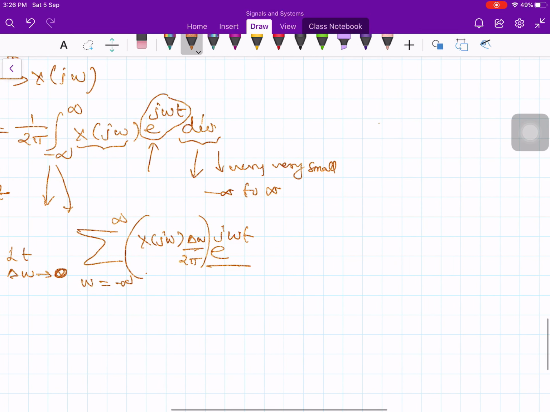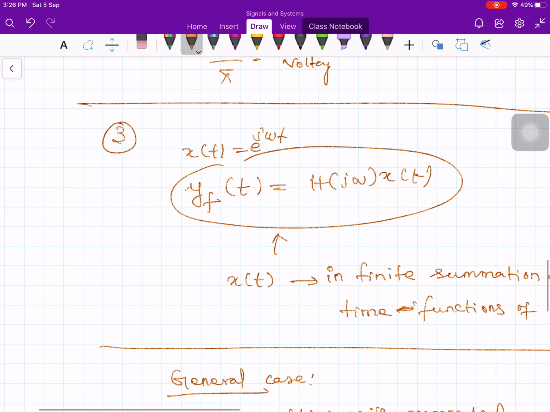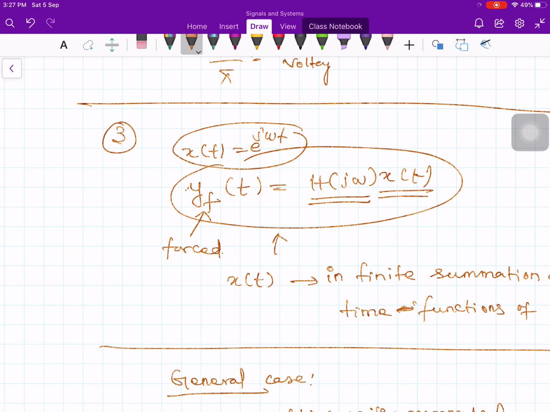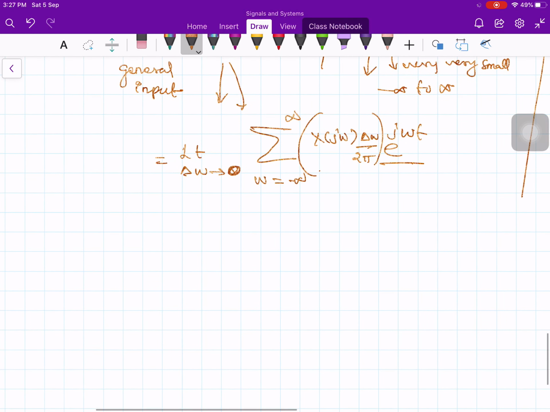Recall from the first and third implications, if the input x of t is equal to e to the j omega t, then the forced response y suffix f, this f indicates forced response, is equal to h of j omega times x of t. What is x of t? E to the j omega t. Similarly, if you look here, the input is of the form e to the j omega t. By the way, this is constant, so don't worry about this guy.